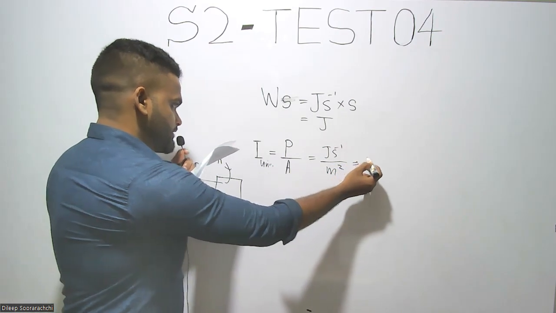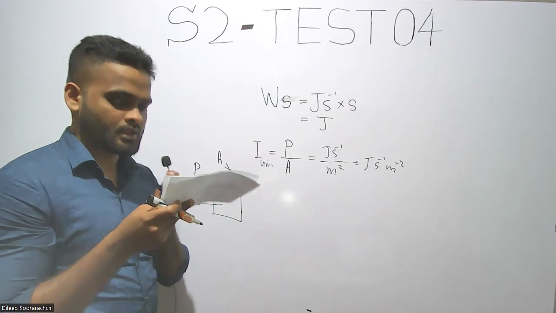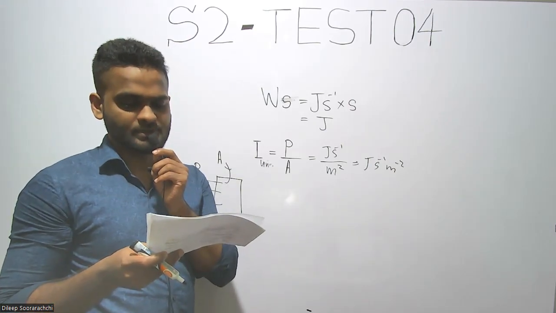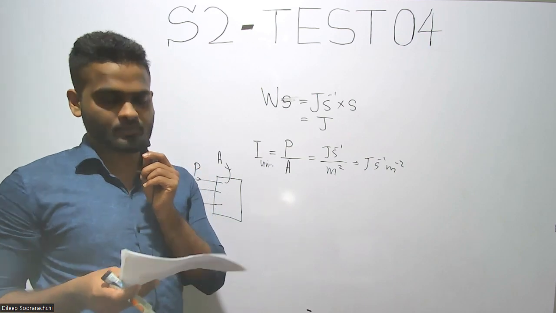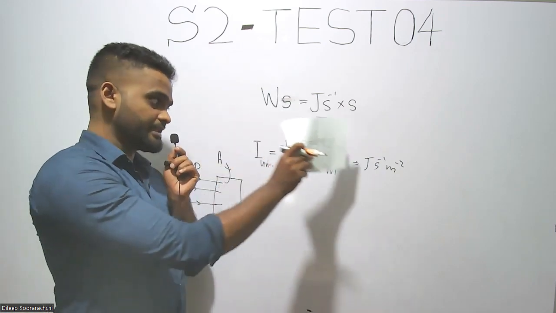So the units here should be joules per second per meter squared. In the third option, we have joules per second and per meter squared. So this is the intensity of sound.